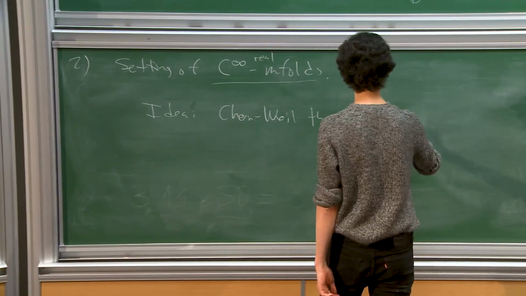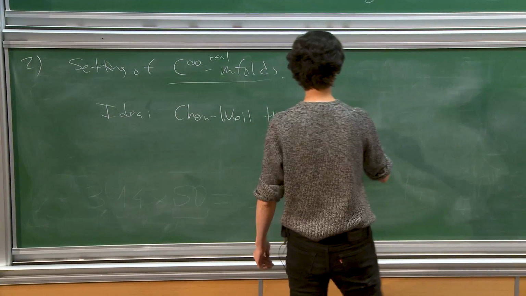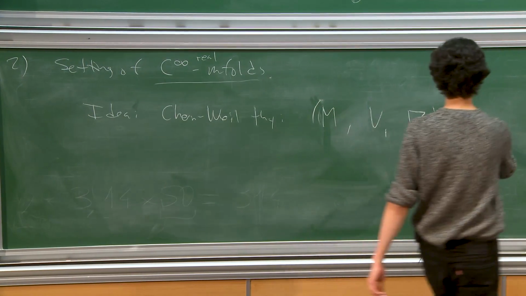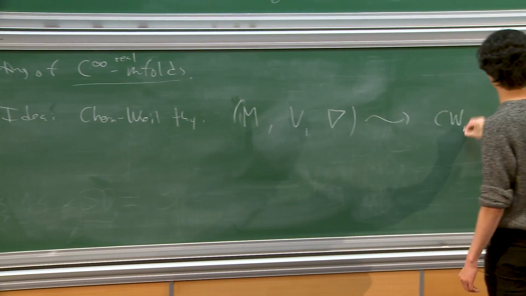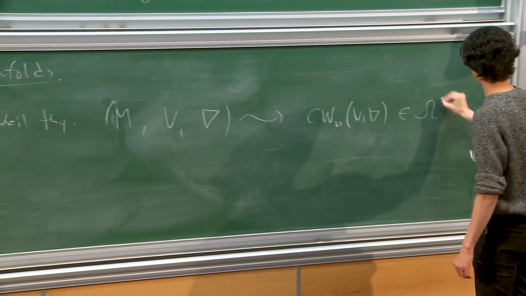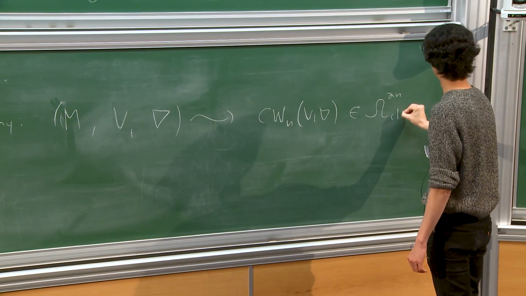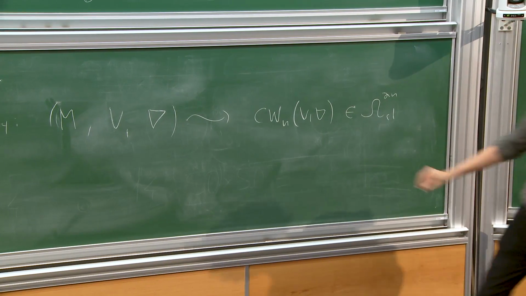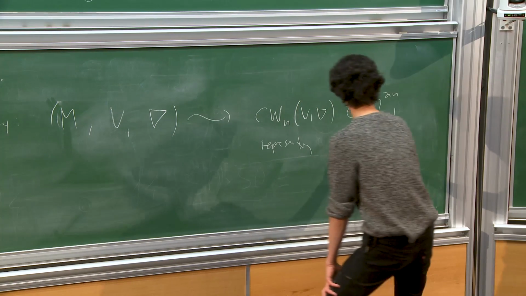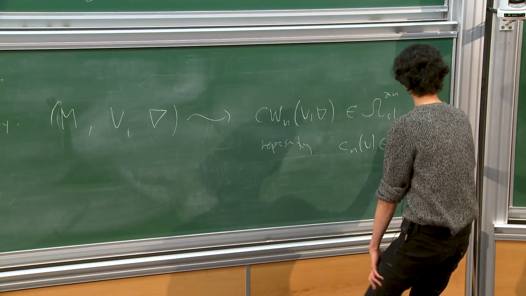If you have, on a real C-infinity manifold, a vector bundle and a connection, then you get to write down something called the Chern-Weil form, which is actually a closed 2n form on your manifold, which represents the Chern class in the de Rham cohomology.